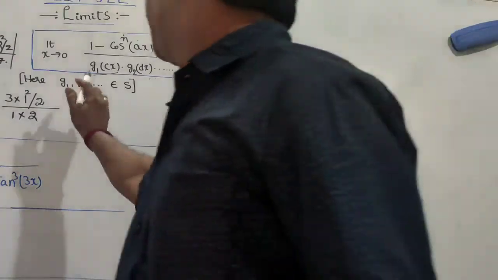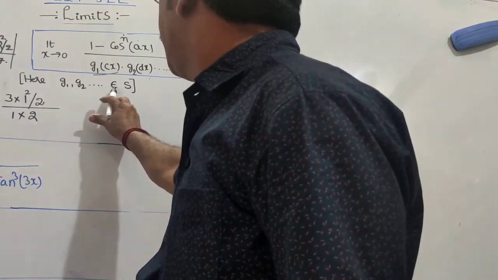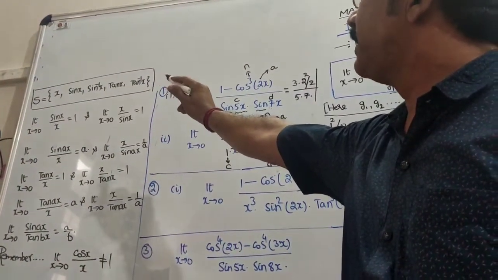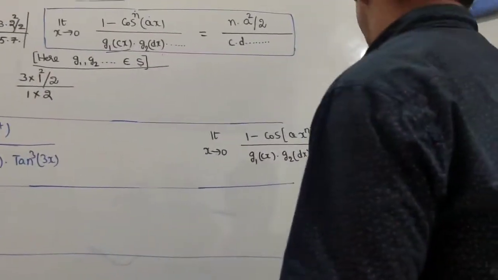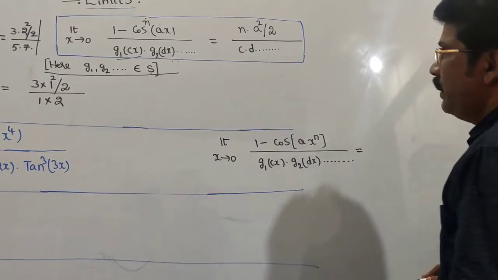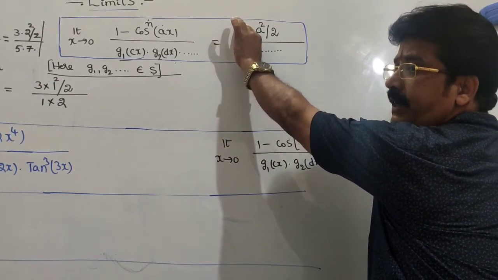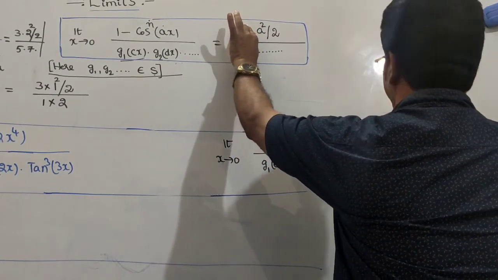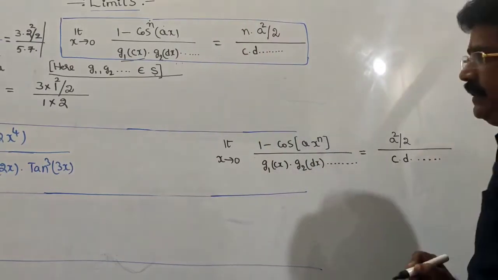Same condition: z1 of cx and z2, z3, and so on, all are from the set capital S. Capital S is the set of x, sin inverse of x, tan inverse of x, just like that. So its shortcut is to just eliminate n, ignore n. So it is just a square by 2 divided by c into d and so on.